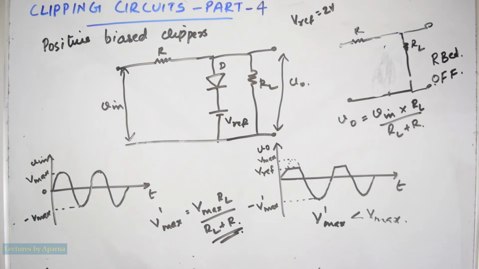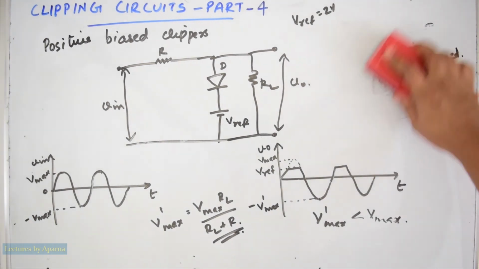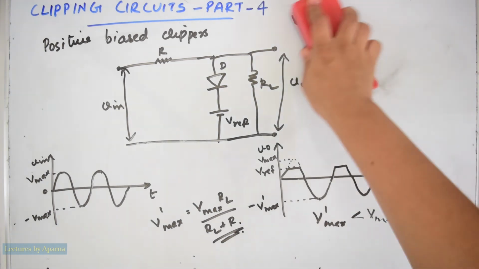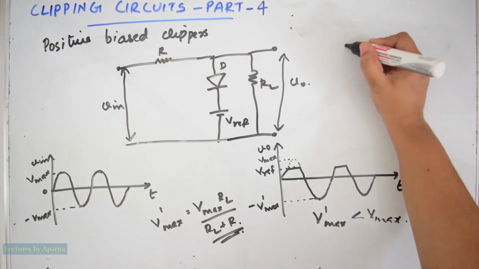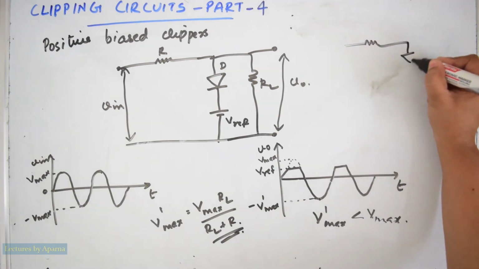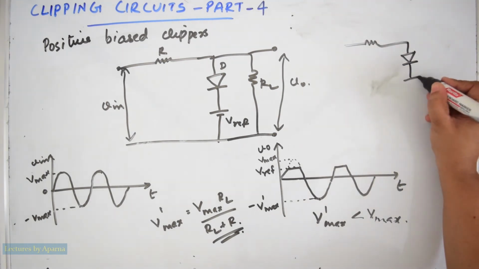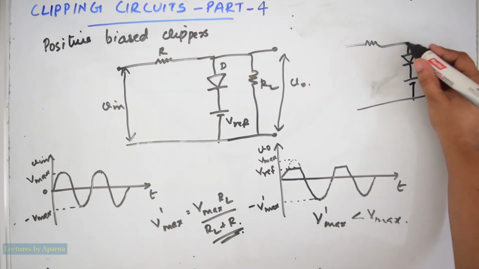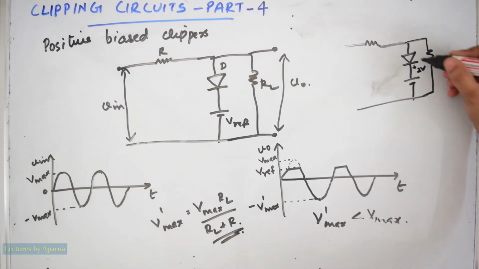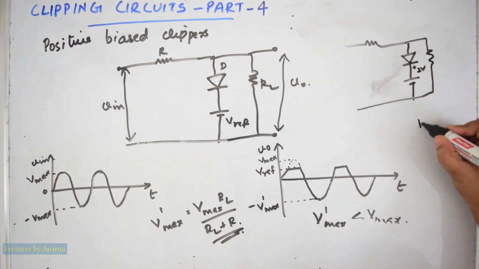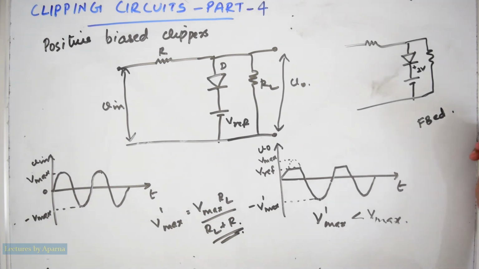And let's see the positive half cycle now. During the positive half cycle, this is the diode, this is the battery and the resistance. So here a positive 2 volt will be connected at the cathode. If this diode should be forward biased, what should happen?